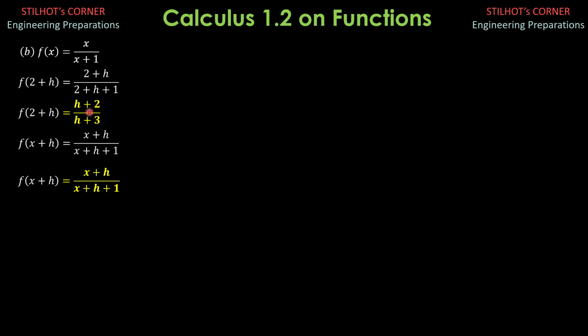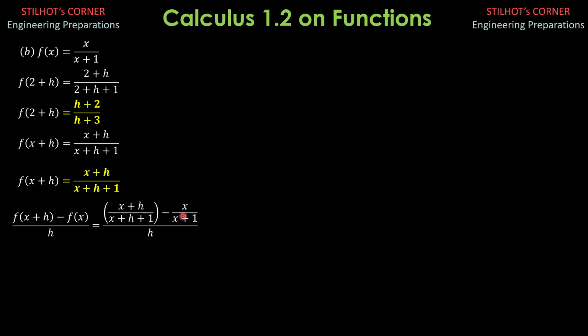Then finally, quantity f of x plus h minus f of x over h. So this is f of x plus h, then minus f of x all over h. So you just copy x plus h over x plus h plus 1 minus x over x plus 1 over h.